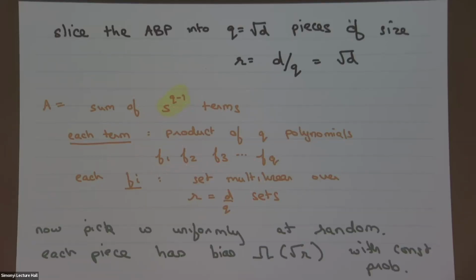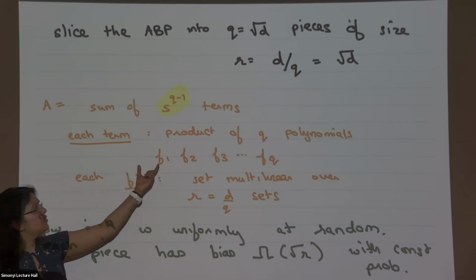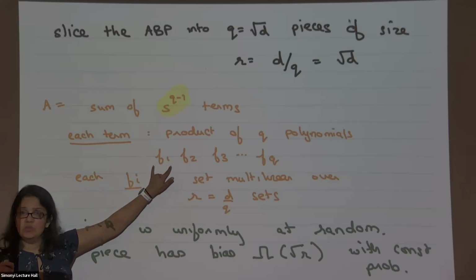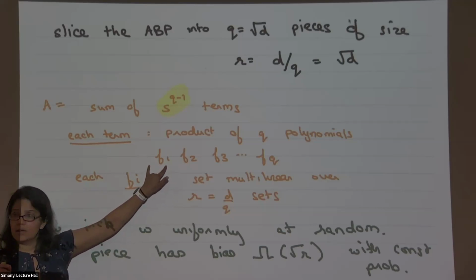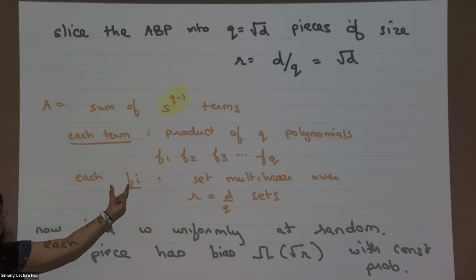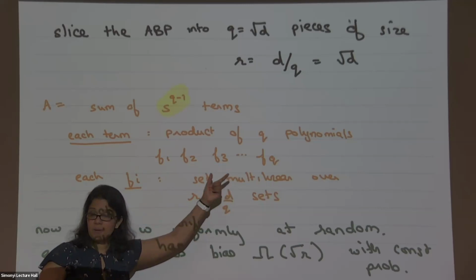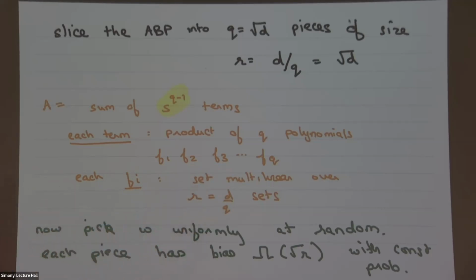And now I pick a random word, and if F1 depends on square root D variables, I expect the bias on F1 to be about D to the 1/4. The expected bias. And with constant probability, there's D to the 1/4 bias here, D to the 1/4 bias here, etc. So individually, just with constant probability, I can argue about the bias, but we can say that the total bias, the sum of biases over all pieces, we expect to be square root D times D to the 1/4.